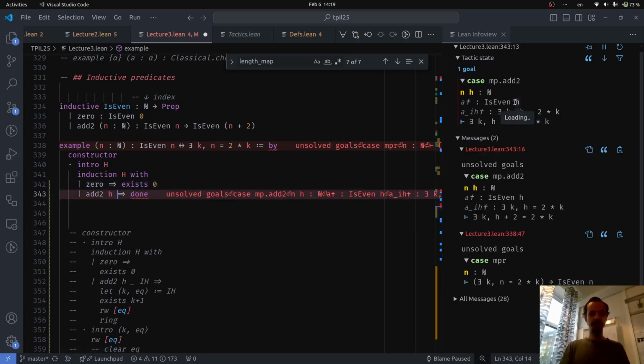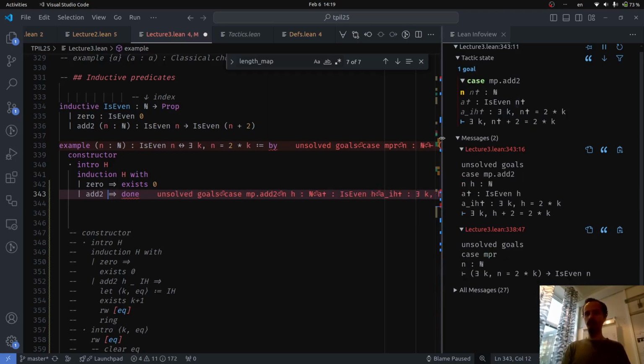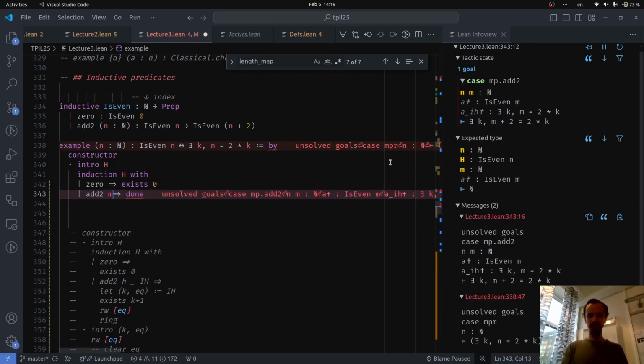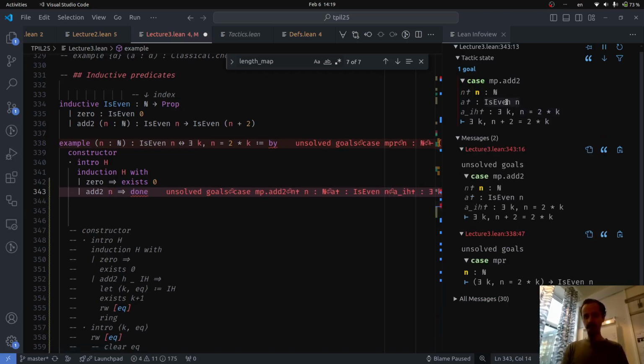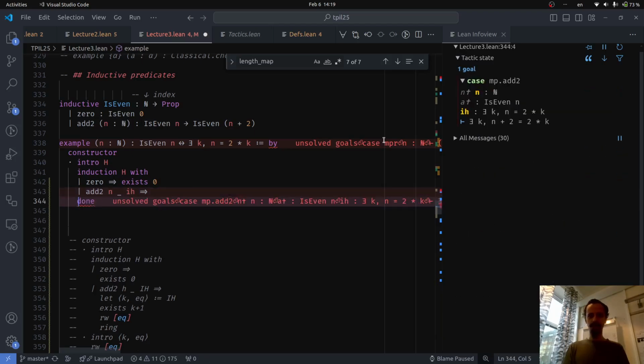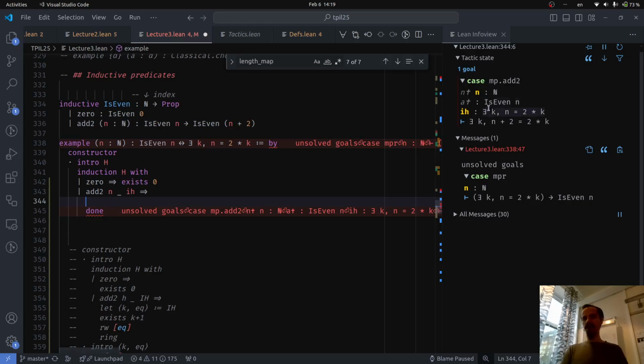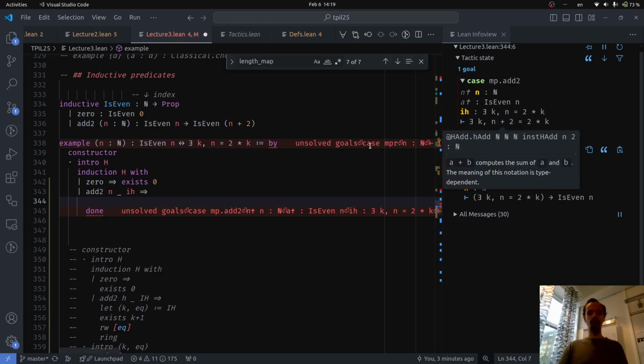And then here we have, maybe I should call it n. So we have some n, and then we have a proof that it's even, and then we have an inductive hypothesis. And we want to prove that the induction hypothesis holds one more.